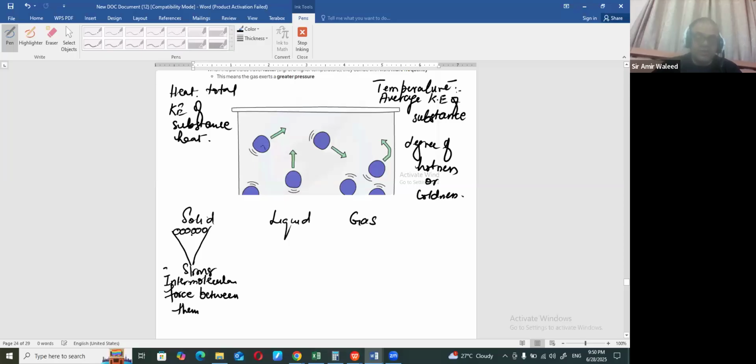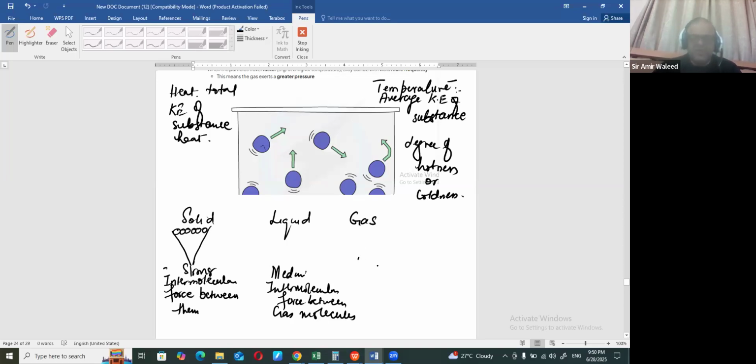I'm talking about the molecules or the particles. In case of liquid, they have medium intermolecular forces between the molecules. I've written here gas molecule, but it's not gas, it's definitely liquid. In case of gas, what happened?